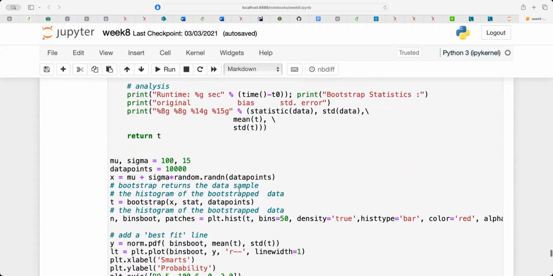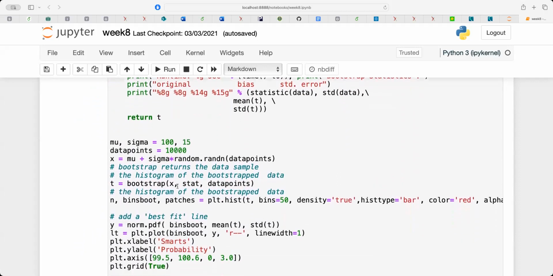And I just wanted to say what I'm doing here. Here, I'm calculating a Gaussian distribution. I'm producing 10,000 data points. And then I have a mean value of 100, and a standard deviation of 15, the sigma value which you see here.